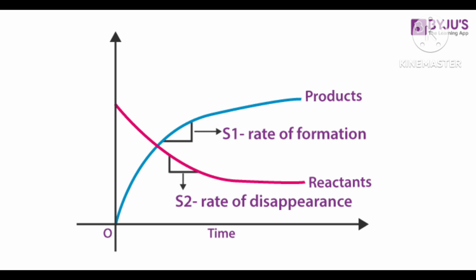I will add the atomic masses, the atomic mass of sodium plus the atomic mass of chlorine. Sodium is 23, chlorine is 35.5. Add both, then you will get the molecular mass. Mass divided by molecular mass of the substance is called the number of moles.